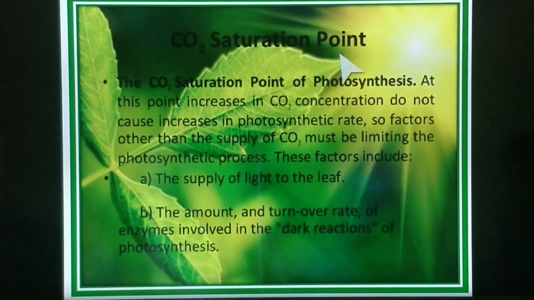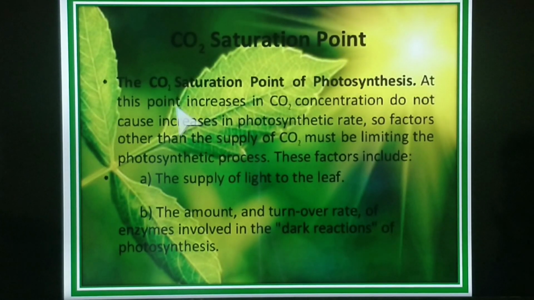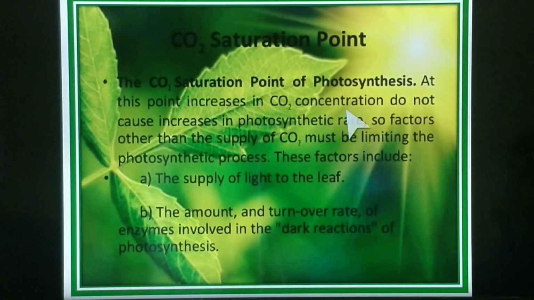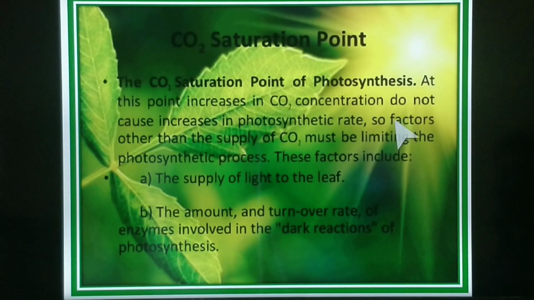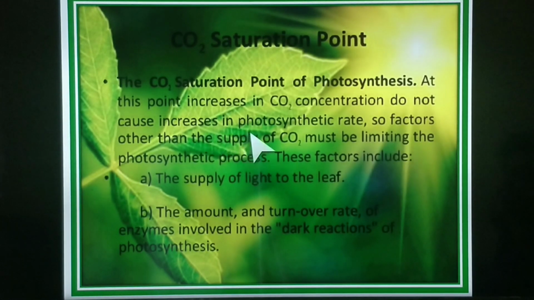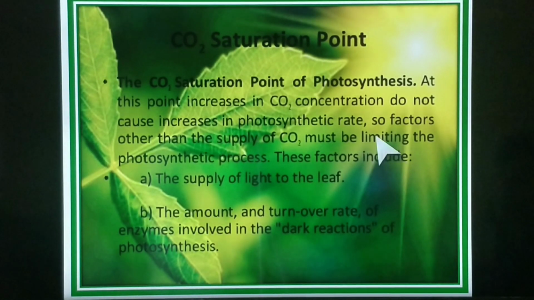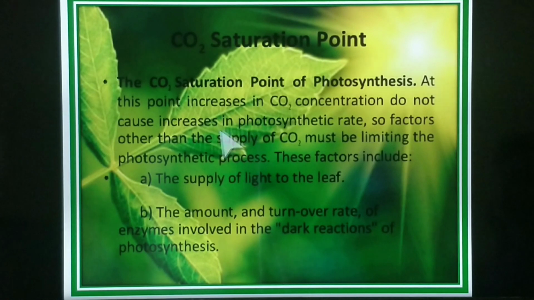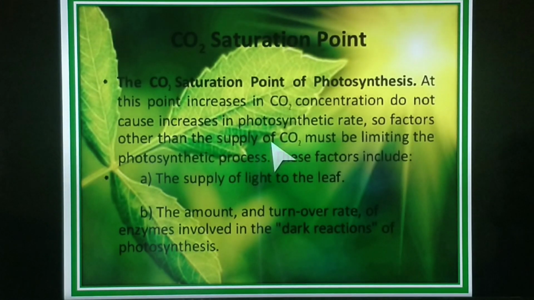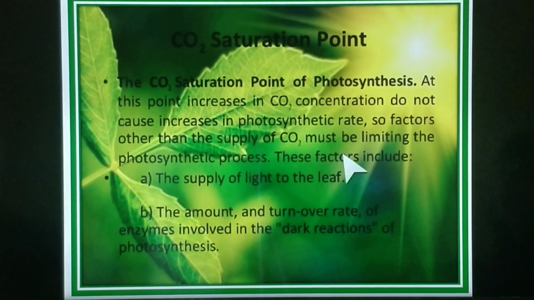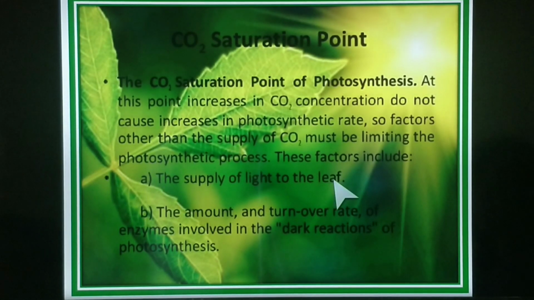What is this point? At this point, increases in carbon dioxide concentration do not cause increase in photosynthetic rate. So factors other than the supply of carbon dioxide must be limiting the photosynthetic process.